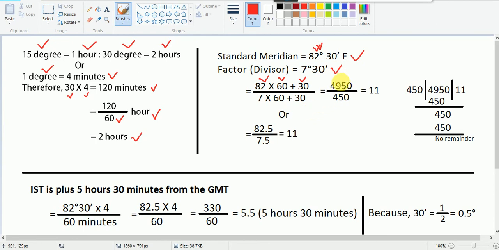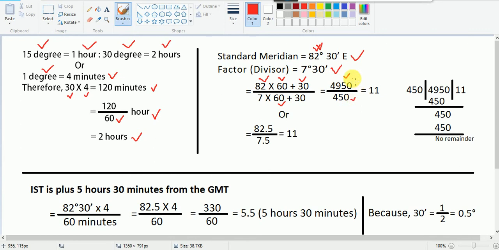After this, we get 4,950. 82 multiplied by 60 is 4,920, then plus 30 is 4,950. Then 7 degree multiplied by 60, then plus 30, we get 450.